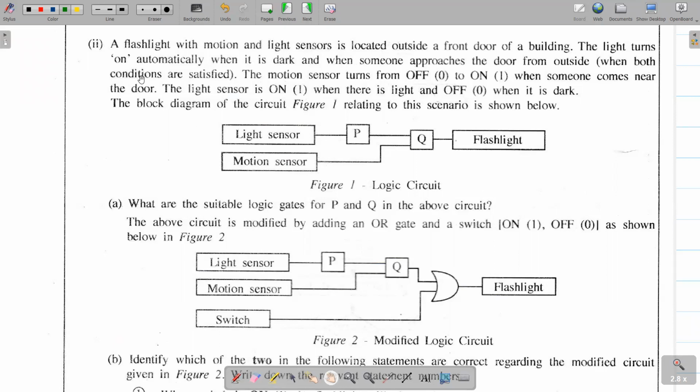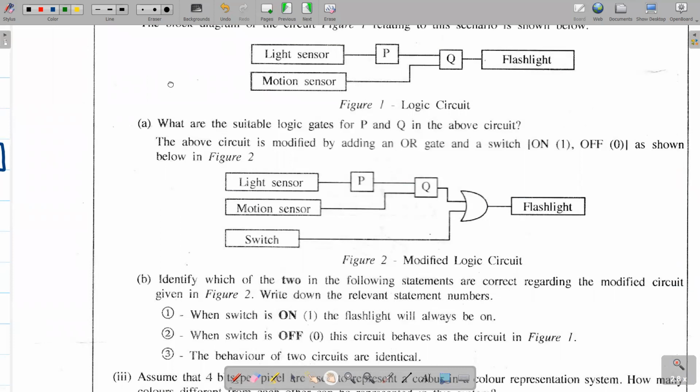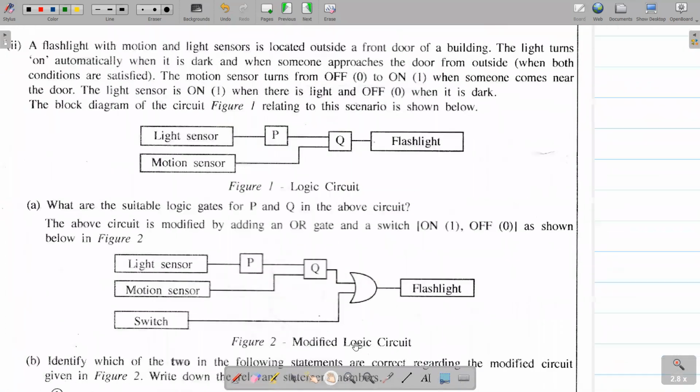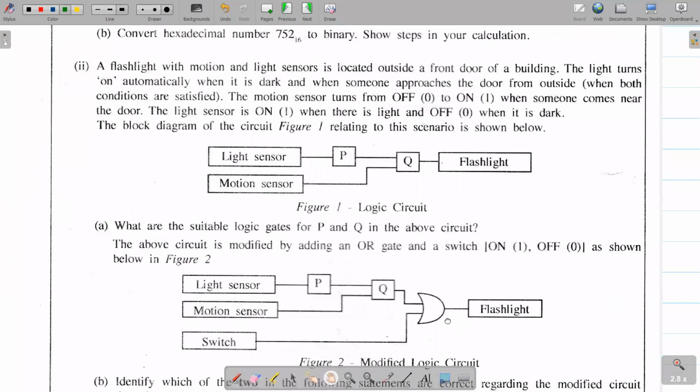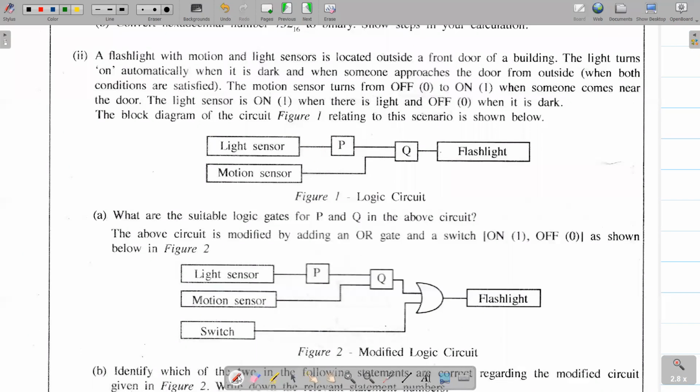So when you are figuring out the gates for this particular circuit, it's better you figure out what kind of equation or expression this circuit is related with, right? So let's first figure out what kind of relationship is here. The relationship describes a flashlight with motion and light sensor located outside.